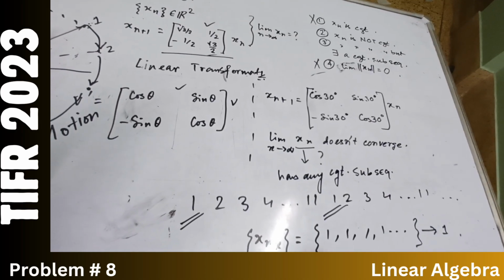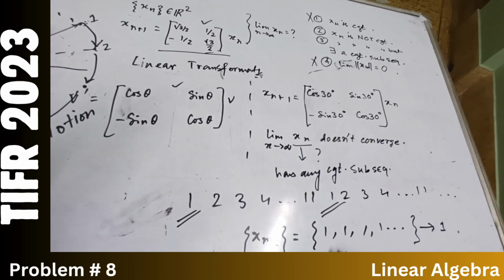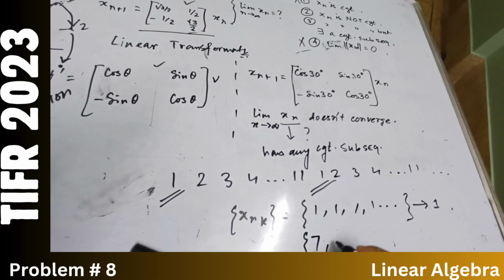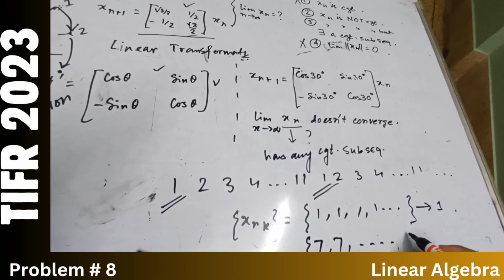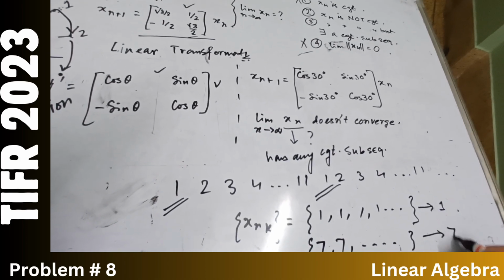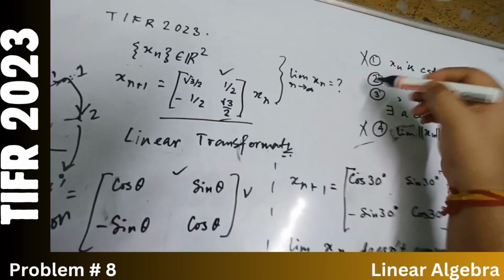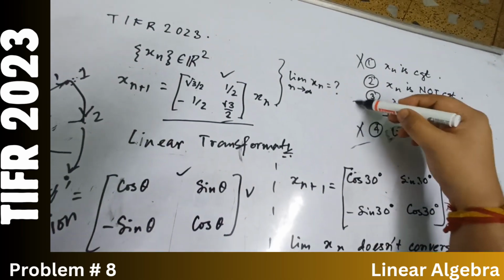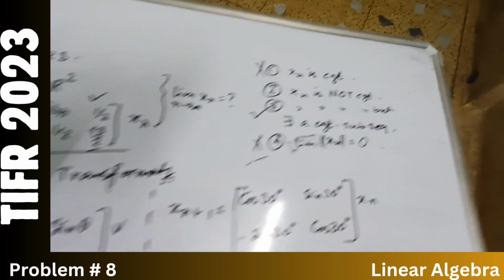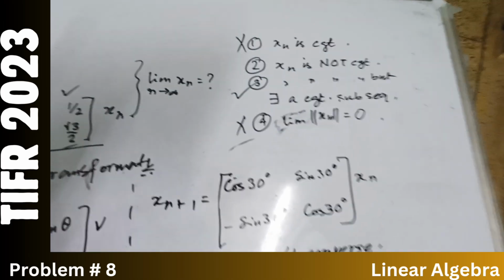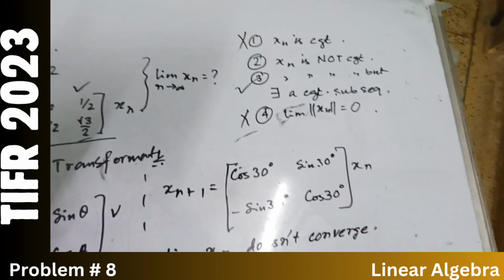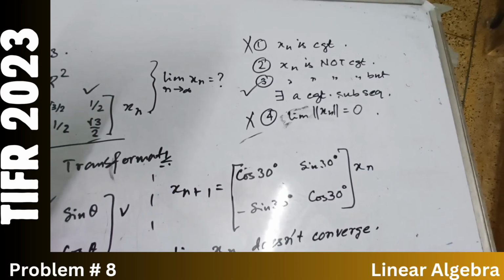Or any sequence, like 7, 7, 7, is going to converge to 7. So obviously there is a convergent subsequence. From that, we can say that our option 3 is correct.